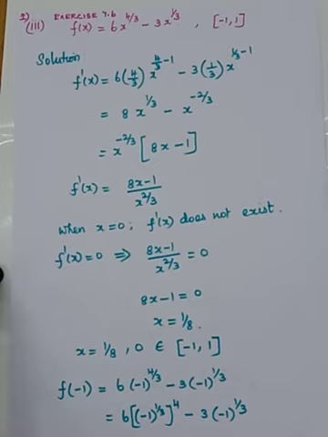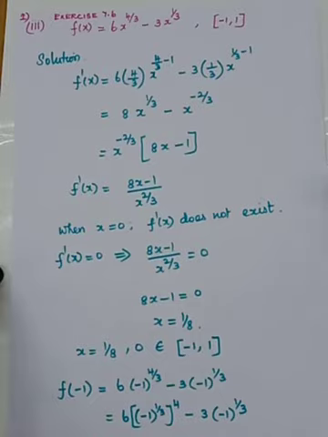You have to check whether the critical numbers belong to the given interval. Then the end points of the interval and the critical numbers have to be substituted in f of x. Among these values, the largest one is called the absolute maximum, and the least one is called the absolute minimum.